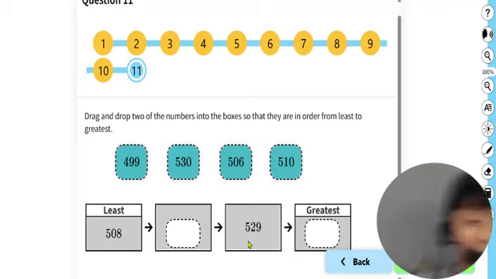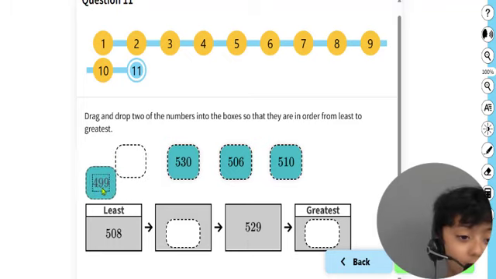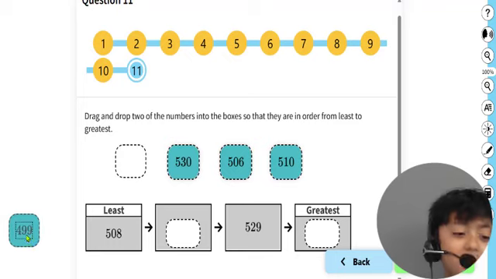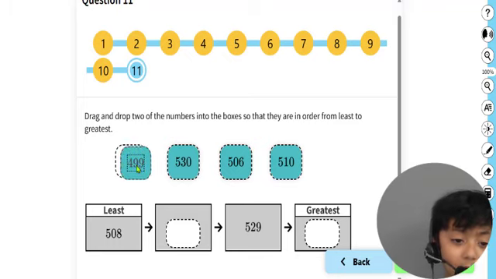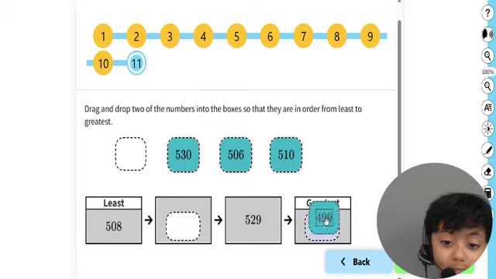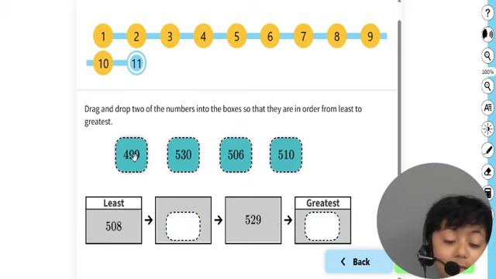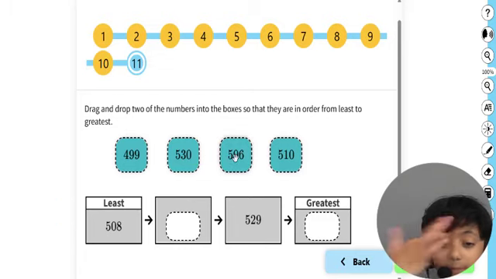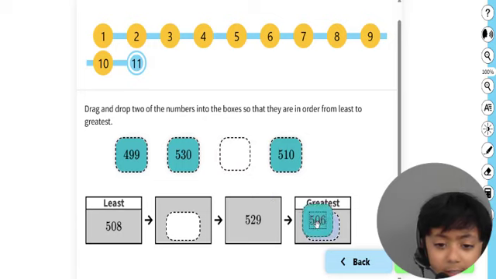First, 499 is less than 508, so the numbers only get bigger from here. So it is not going to appear here or here. Same goes for 506. It's less than 508, and the numbers only get bigger, so it can't be here or here.